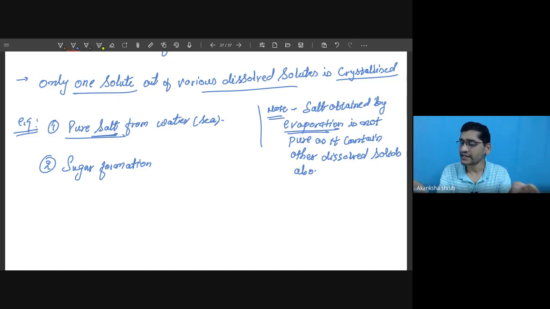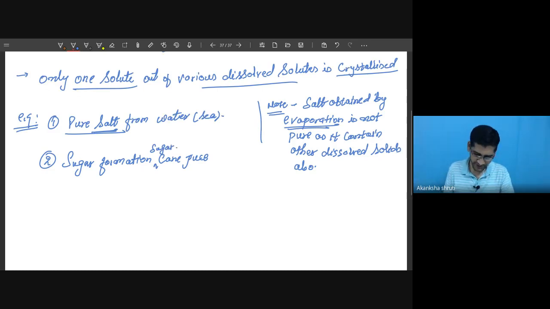Sugar cane gives the juice, and from that juice, by the process of crystallization, this sugar is obtained.